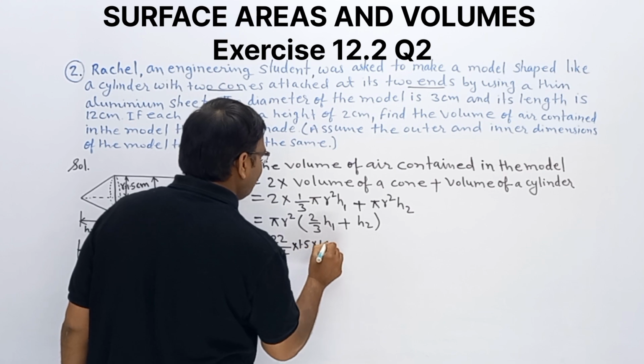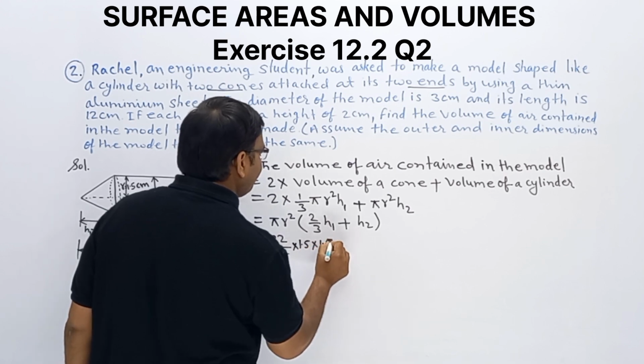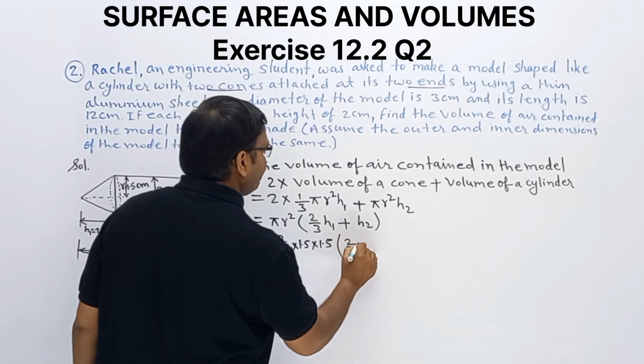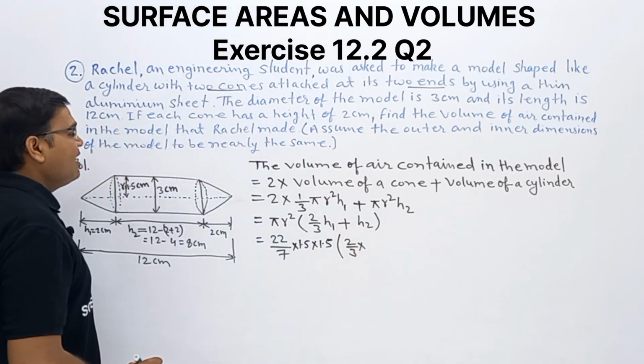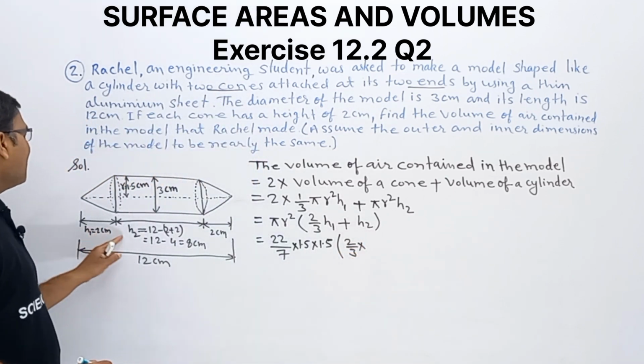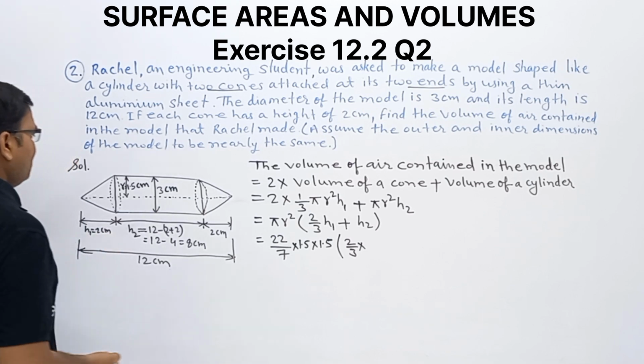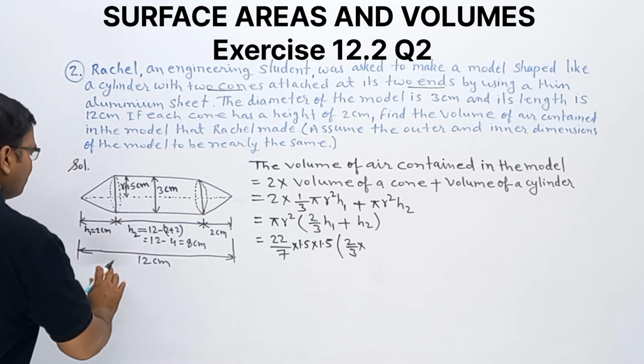So in place of r we are writing 1.5 into 1.5 into 2/3 into height. h1 is the height of a cone. So we can also write the given things.